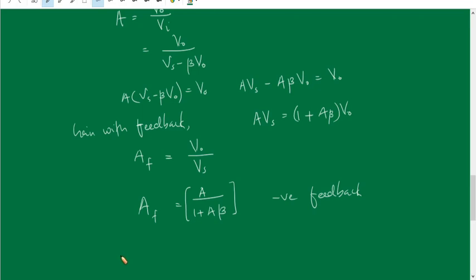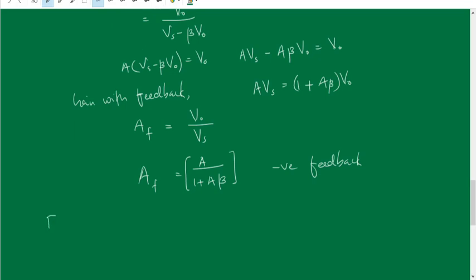Now for positive feedback, the input signal to the internal amplifier Vi is equal to Vs plus Vf, which is Vs plus beta Vo.